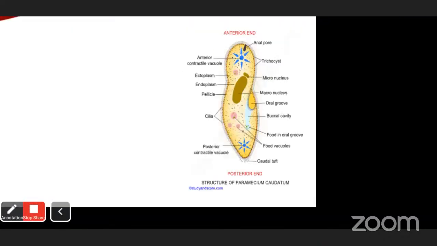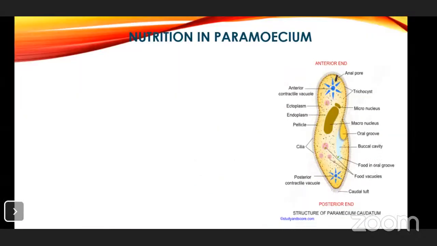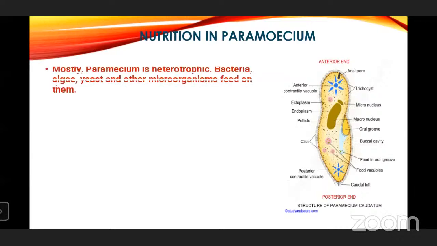So nutrition in paramecium. Mostly paramecium is heterotrophic. Bacteria, algae, yeast, and other microorganisms feed on them.